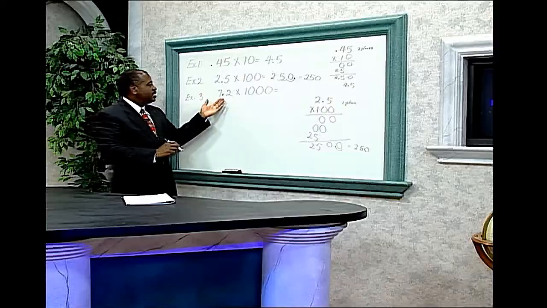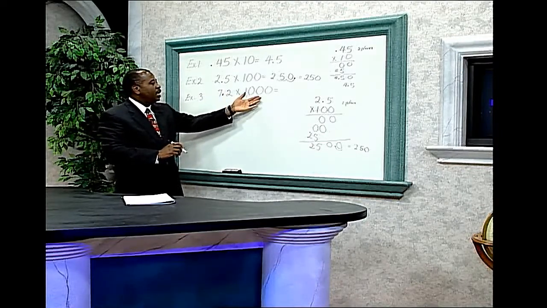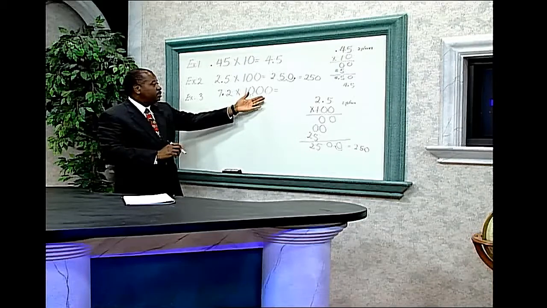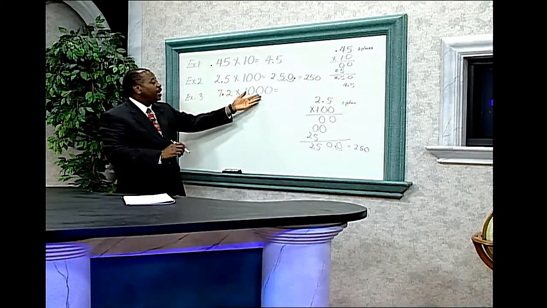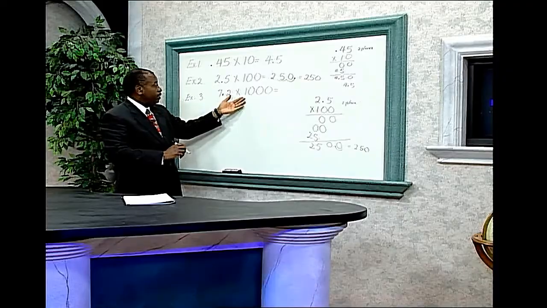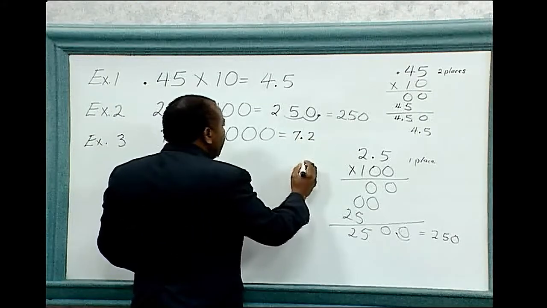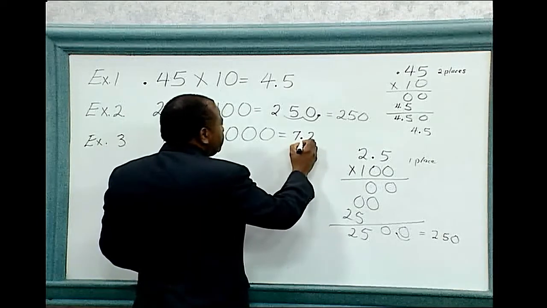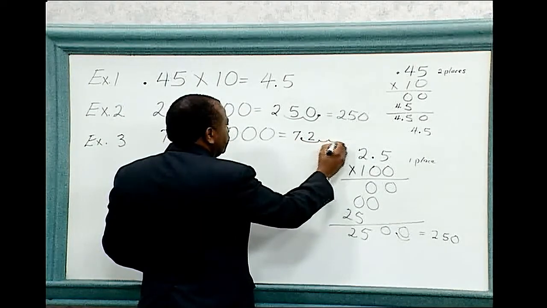Example 3: 7.2 times 1,000. The 1,000 contains three zeros. Therefore, when I multiply 7.2 times 1,000, I must move the decimal point three spaces to the right. 7.2. Now start moving the decimal point. 1, 2, 3.